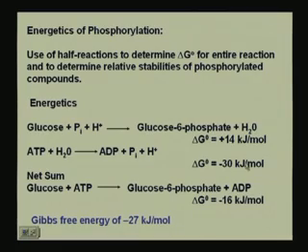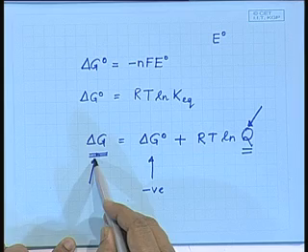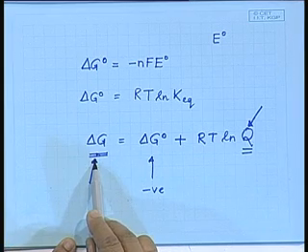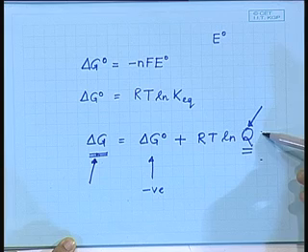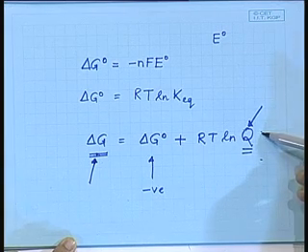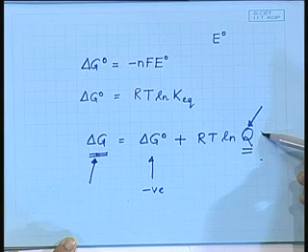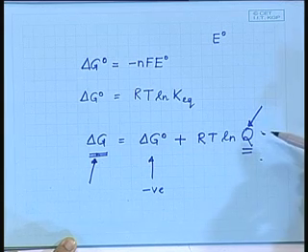If glucose 6 phosphate has too high a concentration, the delta G associated with the expression that we have written here will make this non-spontaneous. So, this is regulated by the amount of glucose 6 phosphate that is formed, because remember I mentioned in the last class that glucose 6 phosphate actually inhibits hexokinase. So, what is going to happen?